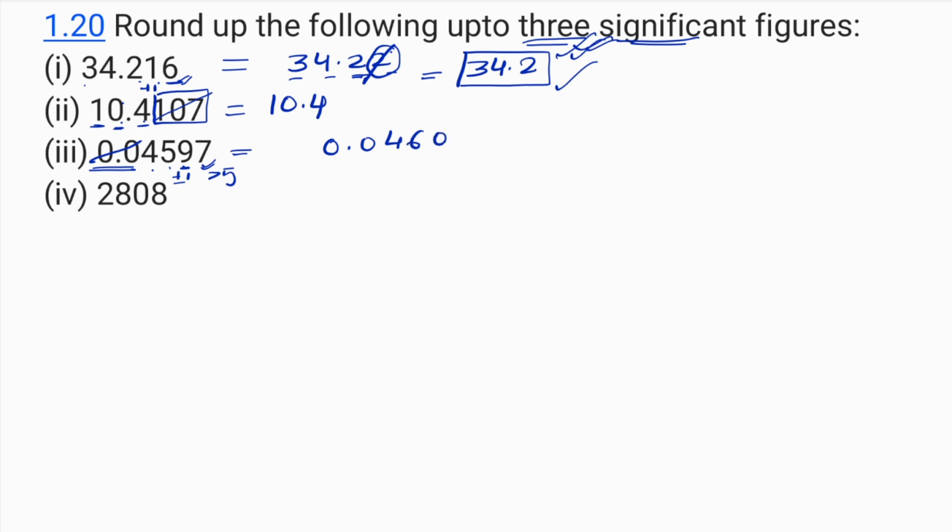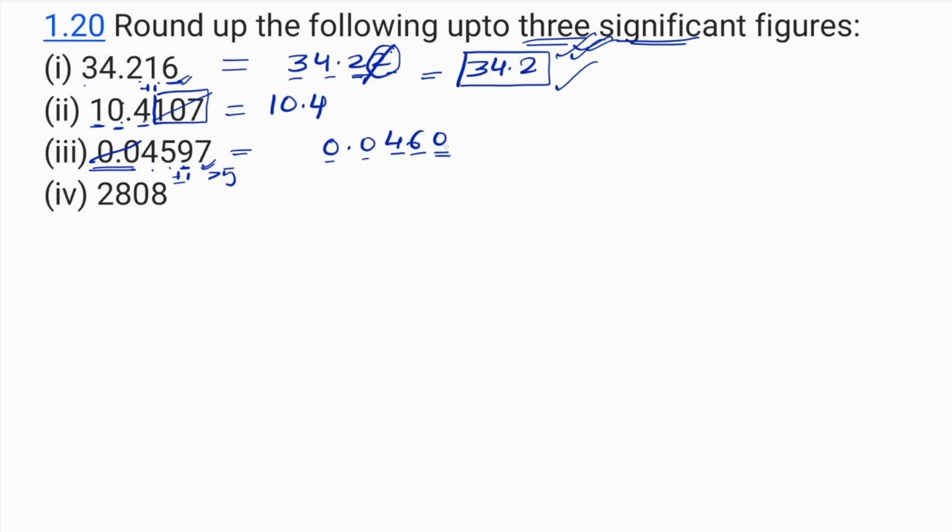Now if you think about the rules very clearly, you will see there are 3 significant figures. How? 4 and 6 are significant because they are obviously non-zero figures. These are non-significant, so we are going to take them out of the context. But what about this 0?